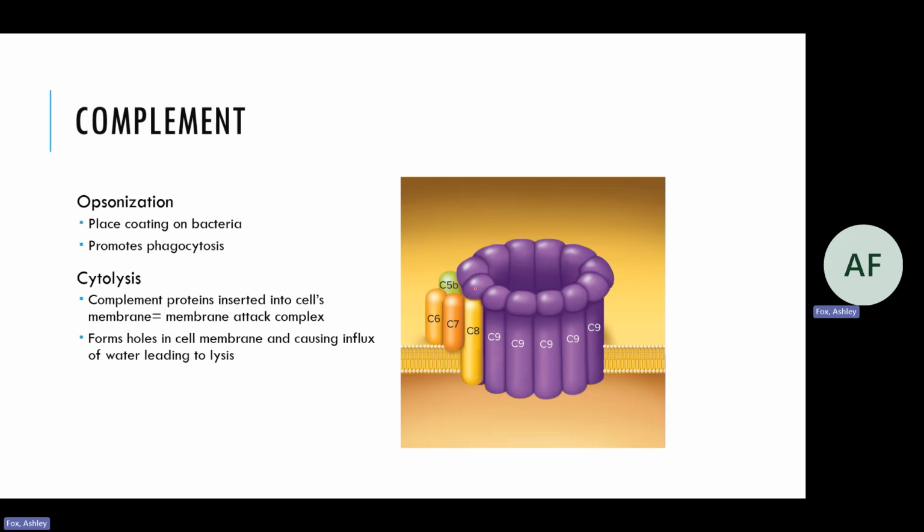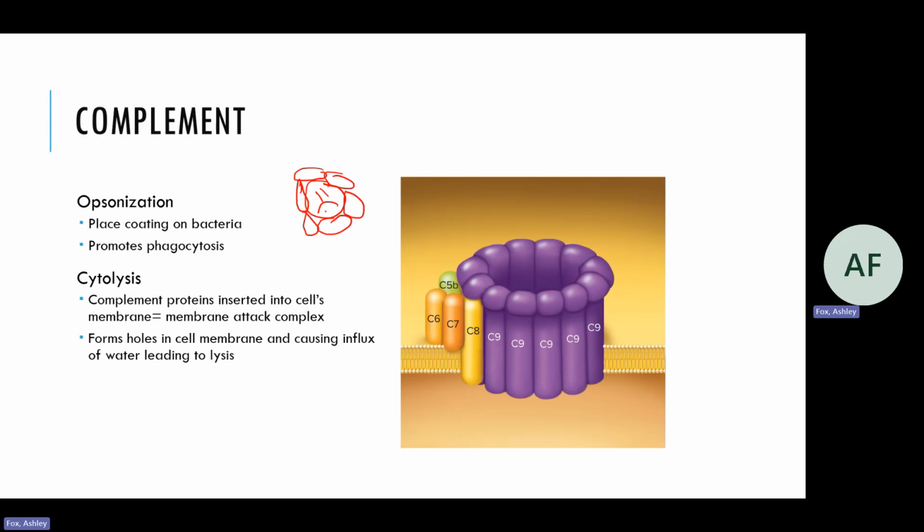Complement also does something called opsonization. So again, you have a bacteria and it's kind of reproducing and causing issues. So what happens is these proteins can then stick to the bacteria, neutralizing it. Again, it's kind of like arresting it.